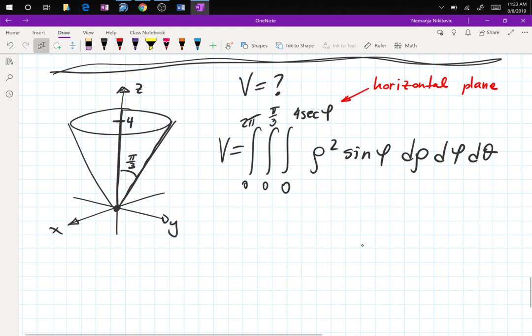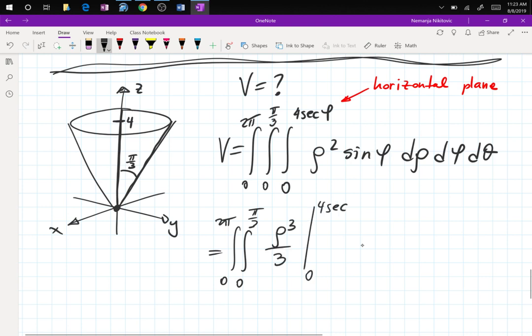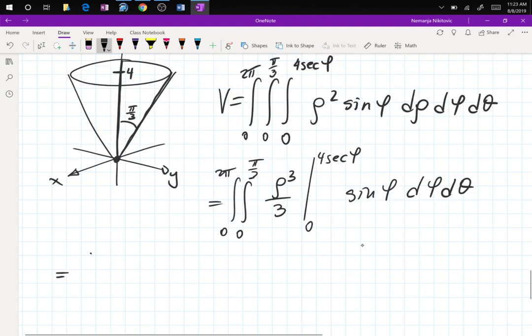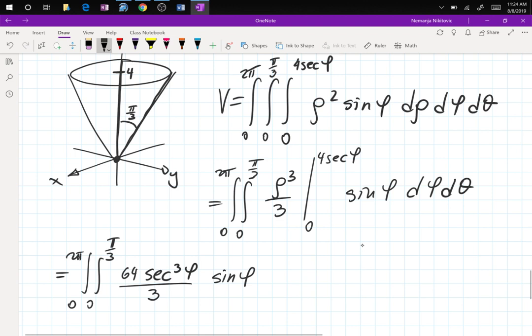So this is our integral, and now rho cubed over 3, and we compute that from 0 to 4 secant phi. Values, we have 4 cubed, that's 64 secant cubed phi divided by 3, minus 0, no one cares, times sine phi d phi d theta.